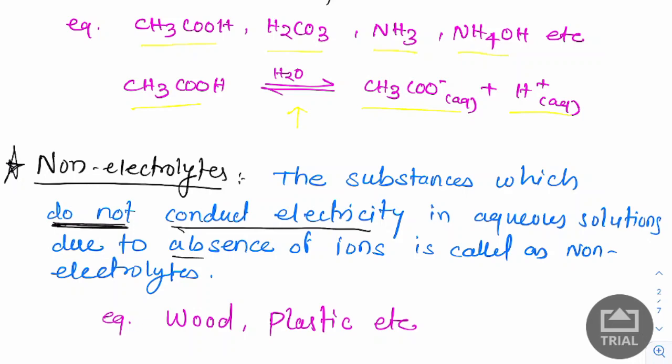Because of the absence of ions, cations and anions. Such substances are called non-electrolytes, for example wood, plastic, etc. These are substances which cannot produce ions when they are dissolved in aqueous solutions.